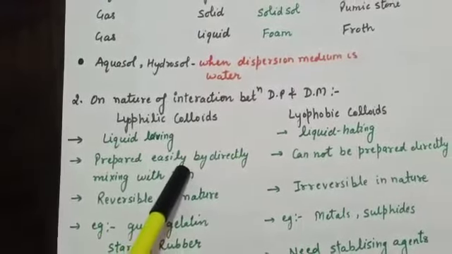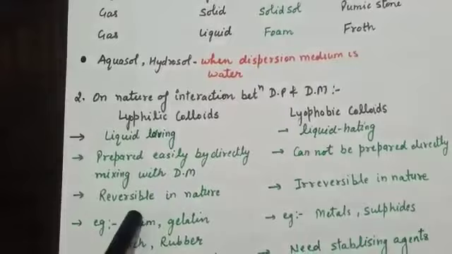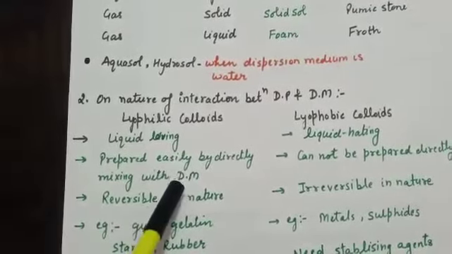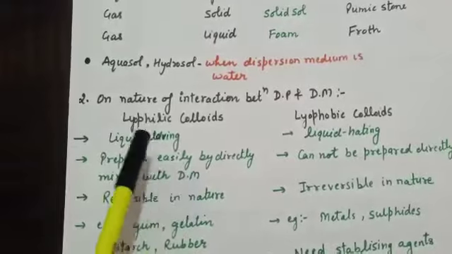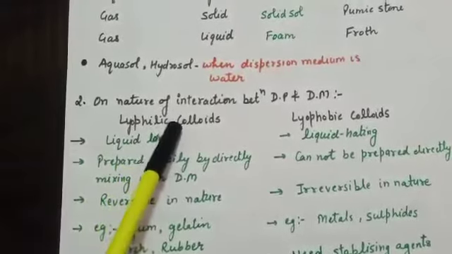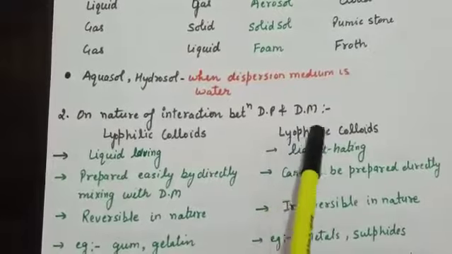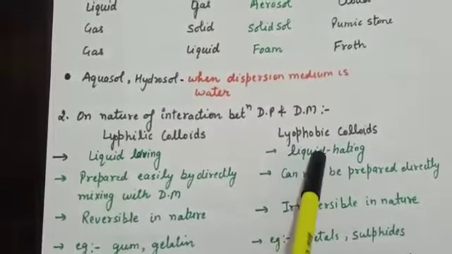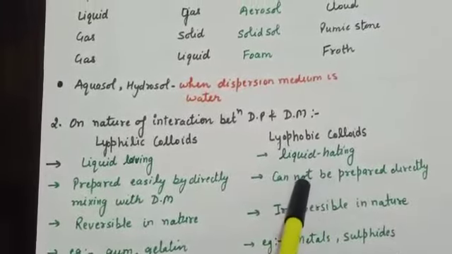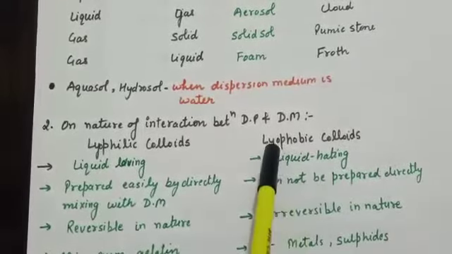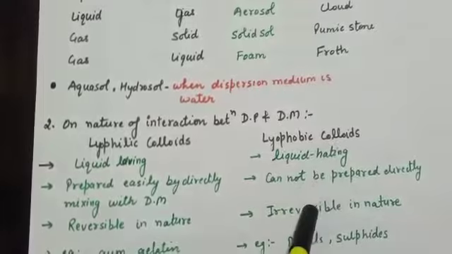For example, if we want to prepare a lyophilic colloid of gum, we simply mix it in a suitable dispersion medium and we get the lyophilic colloid. Whereas lyophobic colloids are liquid hating and cannot be prepared directly. Some special methods are applied for the preparation of lyophobic colloids.